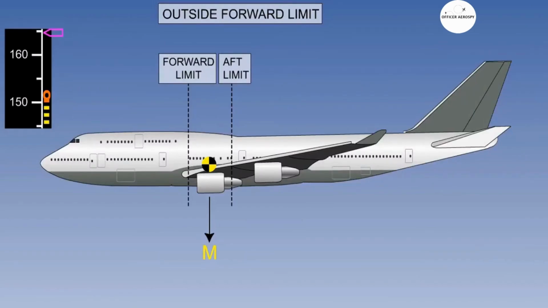And let's look into initially exceeding the forward limits. This will result in an increase of the stalling speed, and there comes the effect of the center of gravity being at the forward limit, which will affect the longitudinal stability of the aircraft because the shift has been taken to the forward limits.